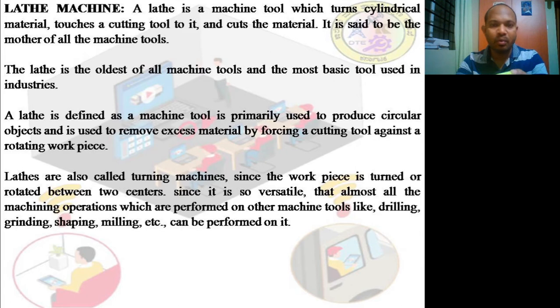One is the tool moving while the workpiece is fixed. Whereas in the lathe, all the operations are carried out by keeping the tool constant and the workpiece made to rotate. That's the beauty.